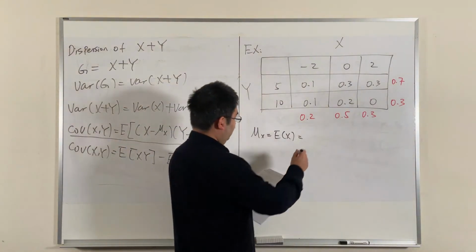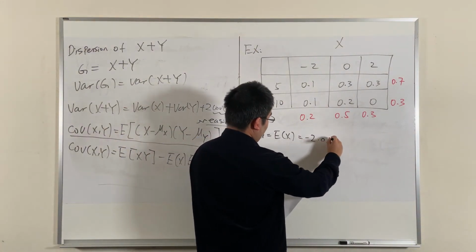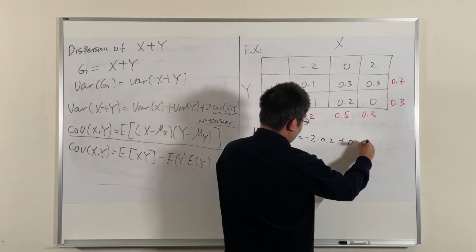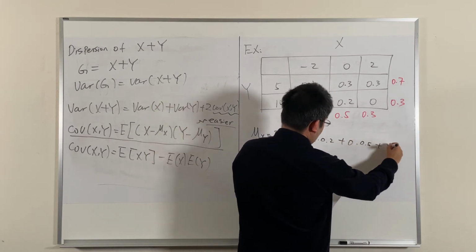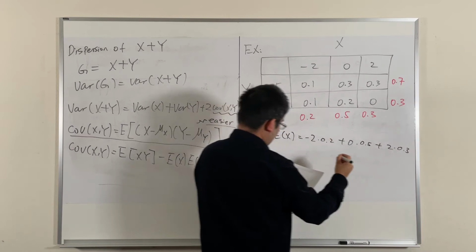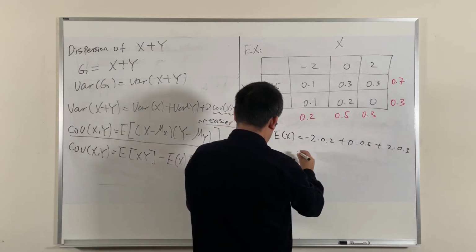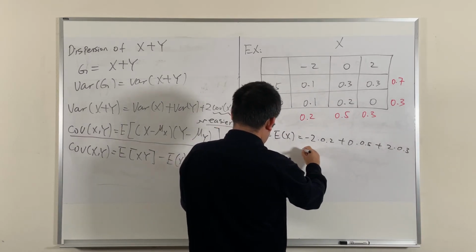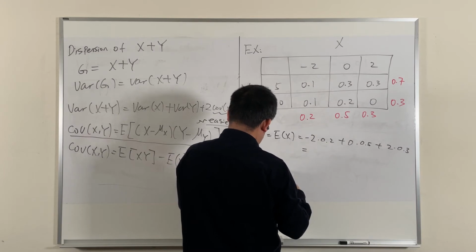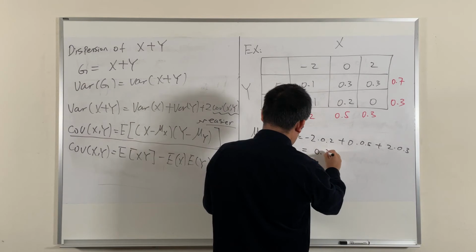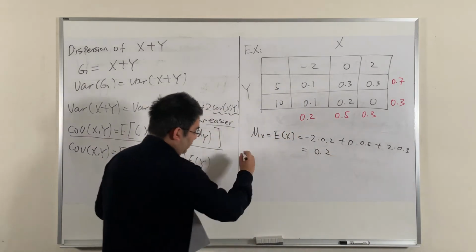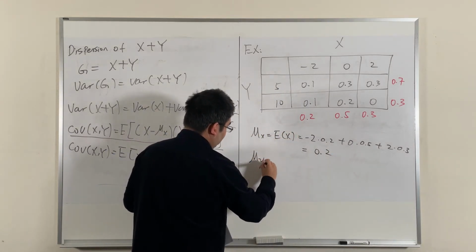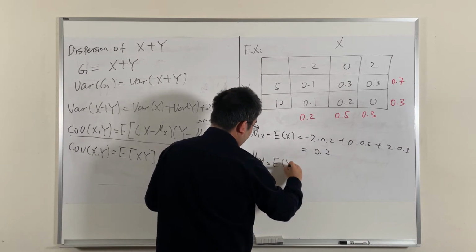So we have -2 times 0.2 plus 0 times 0.5 plus 2 times 0.3, and this equals 0.2. Another one we need is mu y, the expected value of y.